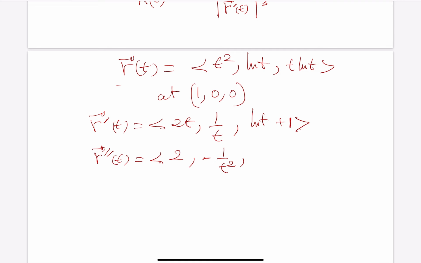The derivative for ln t, you have 1 over t. Okay, let me check to make sure I get it right. Okay, this one is good, this one is good, and this one is good. I think so. Because this one is 0, and this one is 1 over t. Okay, good.